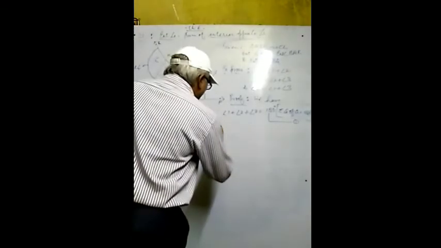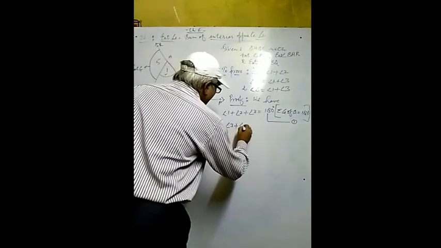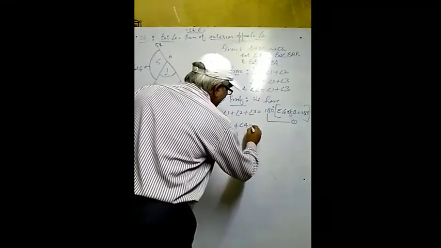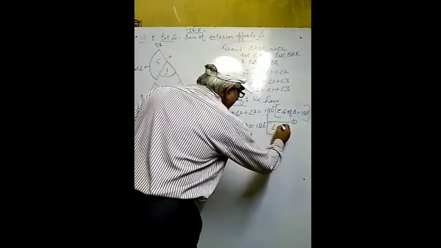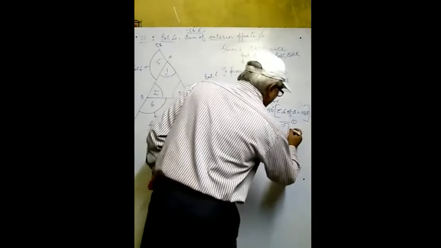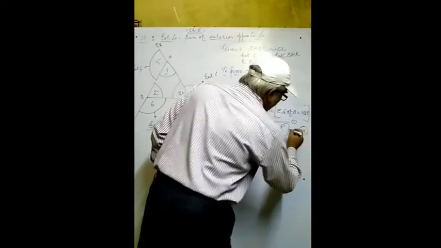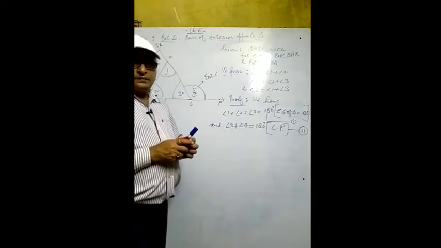So angle 3 plus angle 4 is also equal to 180 degrees, and the reason is linear pair. This is mentioned as equation number 2. Now you have equation number 1 and equation number 2. Equation number 1 is obtained by the angle sum property of a triangle. Equation number 2 is obtained by the property of a linear pair.